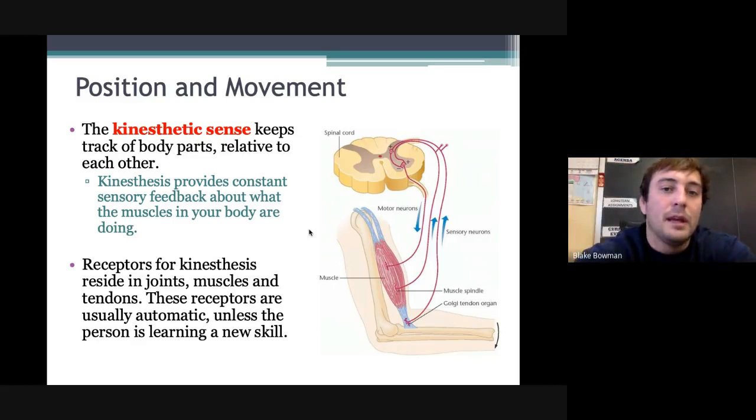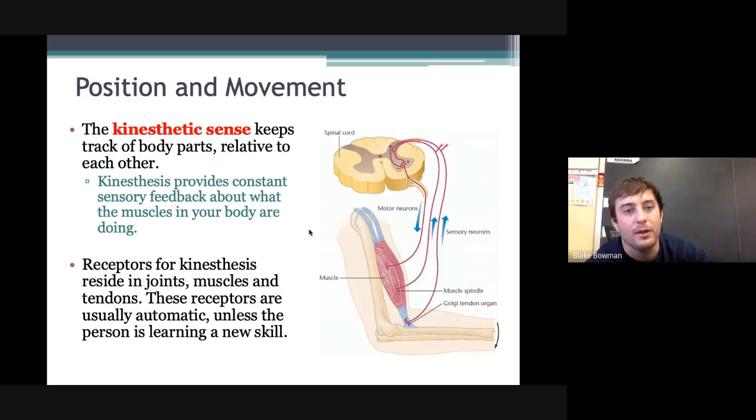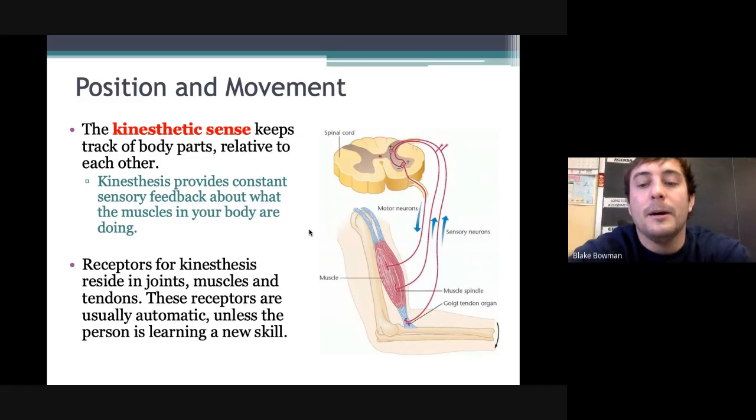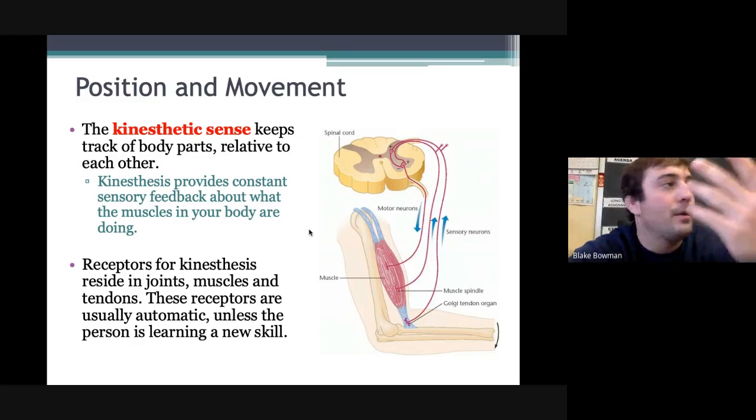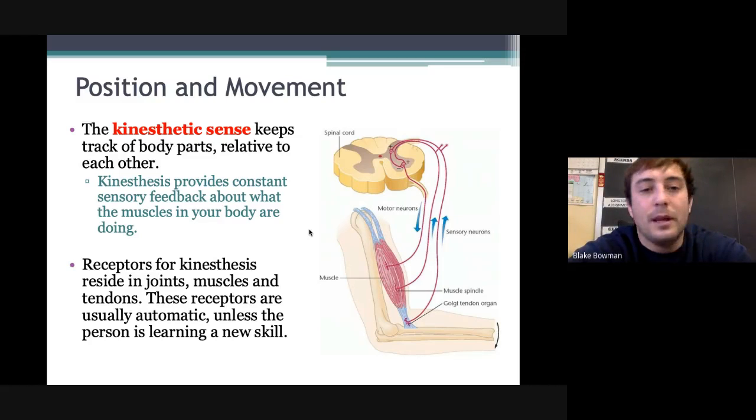We just do it. That's what a kinesthetic sense is. And reactions to things. I know when the doctor comes up and hits right below the knee, I can't help it. It just happens. It's just a reflex. And that's what kinesthetic sense is.